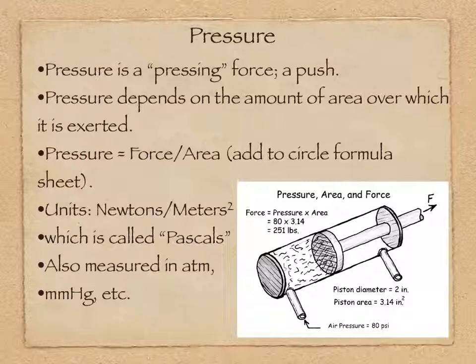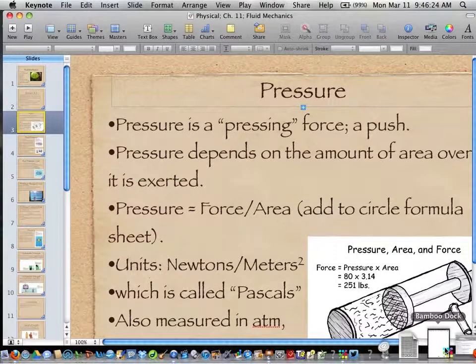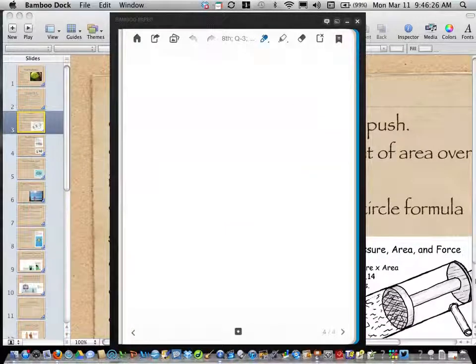Bullet point 3. Pressure equals force divided by area. And I would like you to add this to your circle formula sheet, page 2 on the back. Number 8 on your circle formula sheet, pressure, force, and area. Let's write this down. We're going to use P, F, and A. P is equal to pressure.